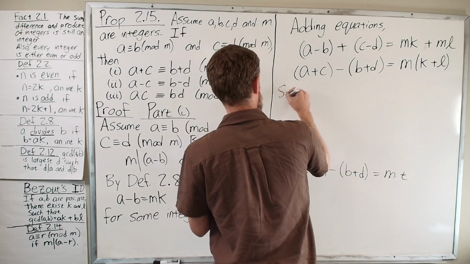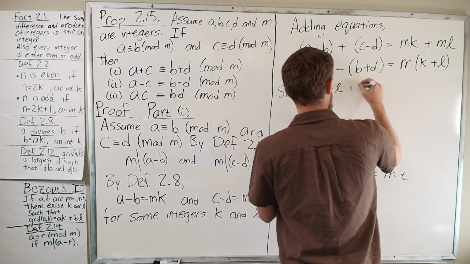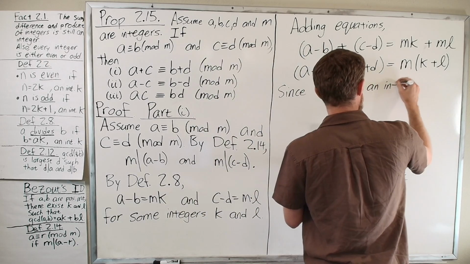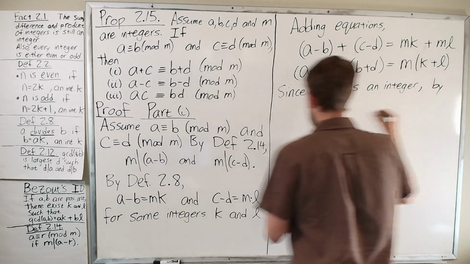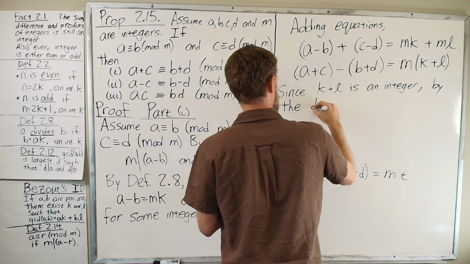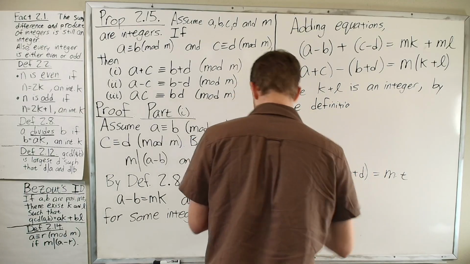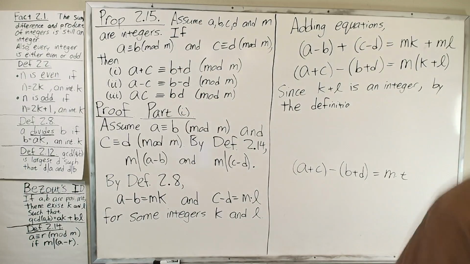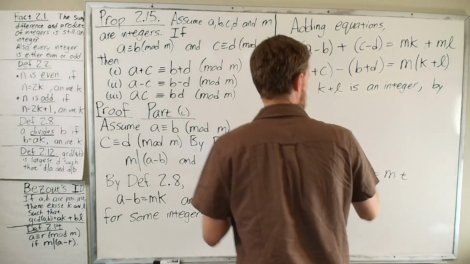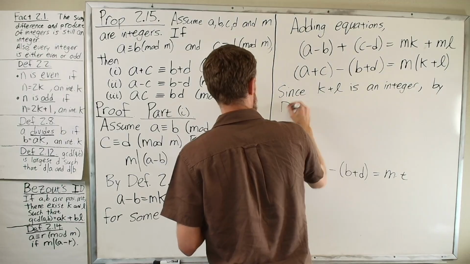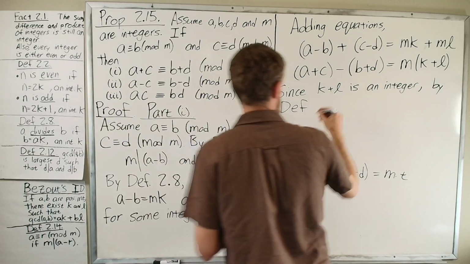Okay, so since k plus l is an integer, by the definition of divisibility, actually just to be consistent, I'll write the definition number, which is 2.8.